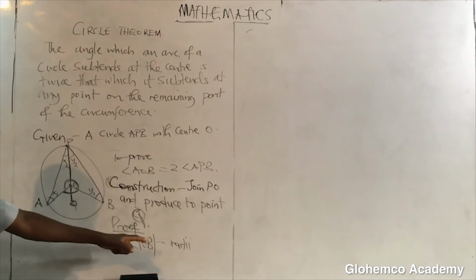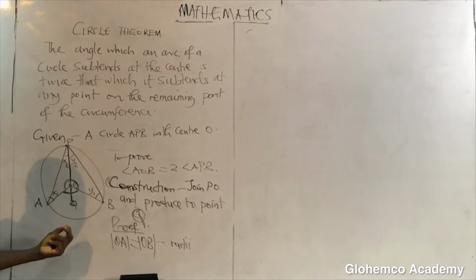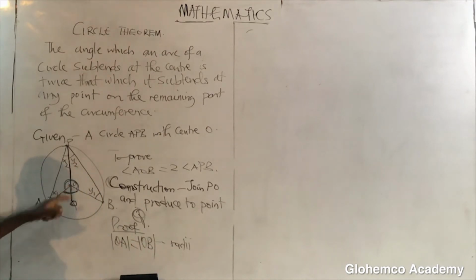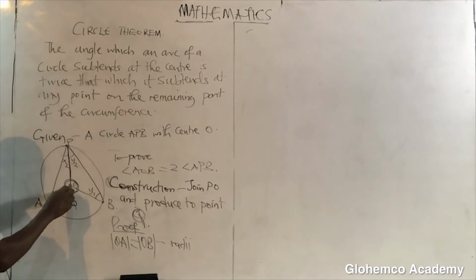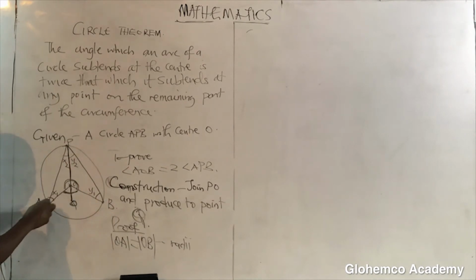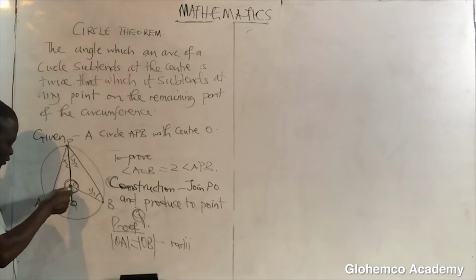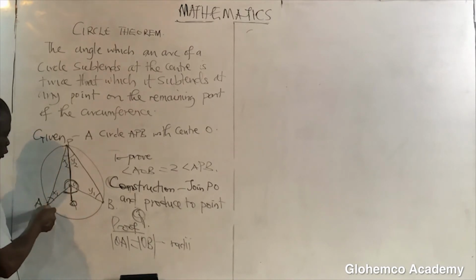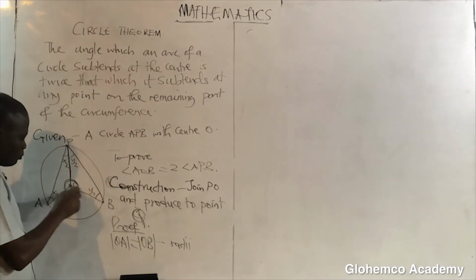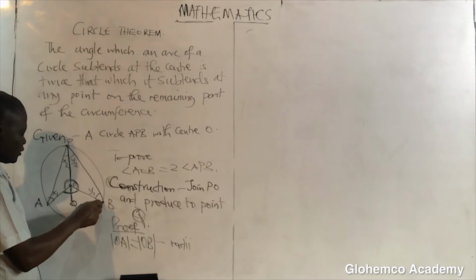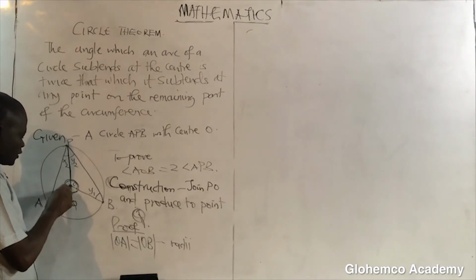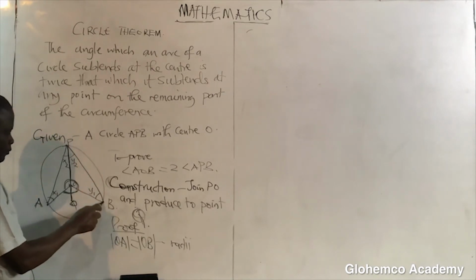What do you mean by radii? Radii is plural and radius is singular. I said earlier on that any line drawn from the center of a circle to the circumference is a radius. You can see that this line OA is from the center to the circumference. OB is also a radius drawn from the center to the circumference.